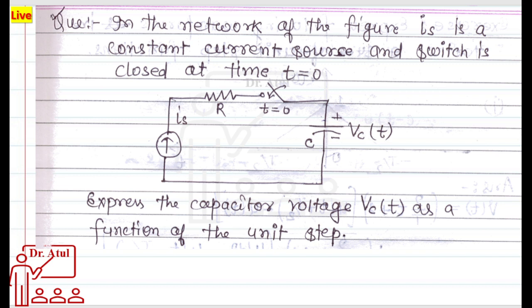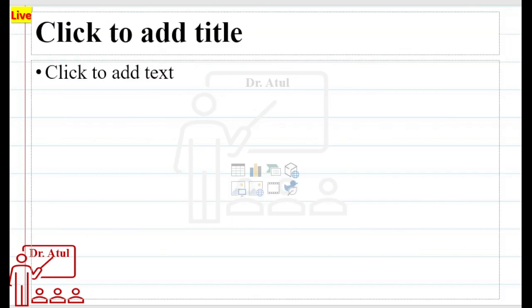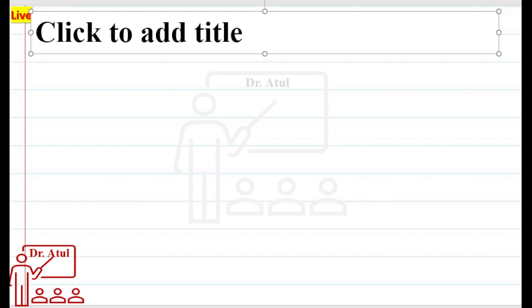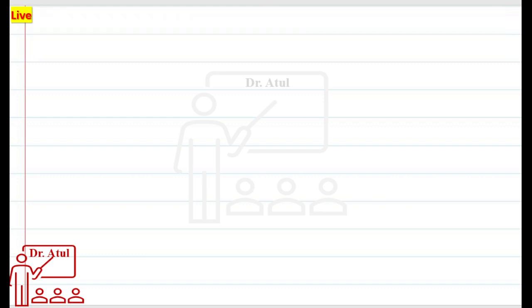ओके, हम लोग इसको शॉर्ट में देख लेते हैं, इसका सोल्यूशन कैसे निकालेंगे. That is, let me take one slide. So the voltage at the capacitor VC(t), we know that this is equal to 1 by C integration from minus infinity to infinity of IC(t) dt.